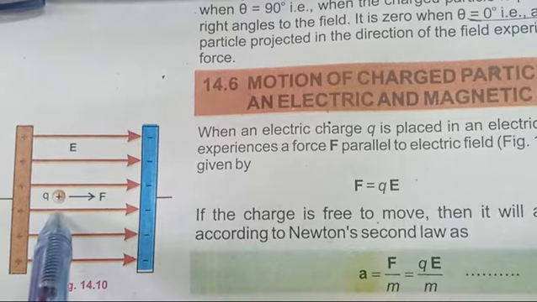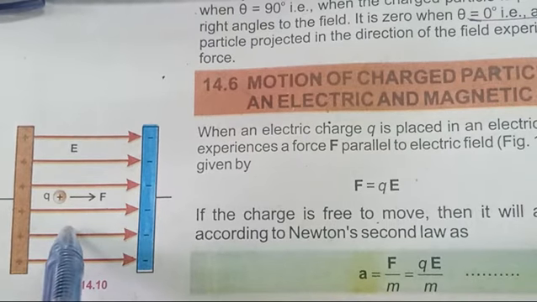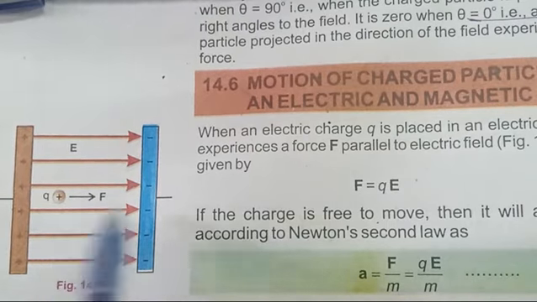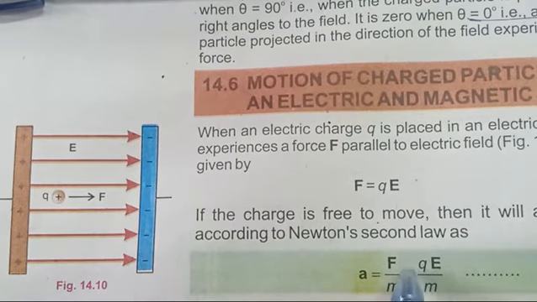So a is equal to F over m according to the law of motion, and the value of F is QE. Q is the charge placed in the electric field, having some mass m, so its acceleration is calculated by the formula a is equal to QE over m.